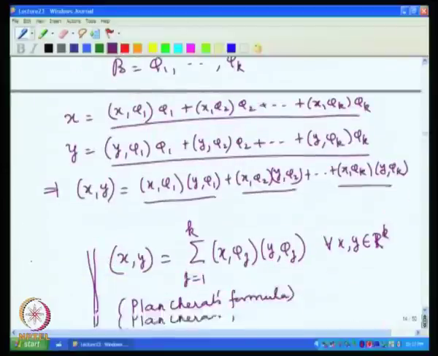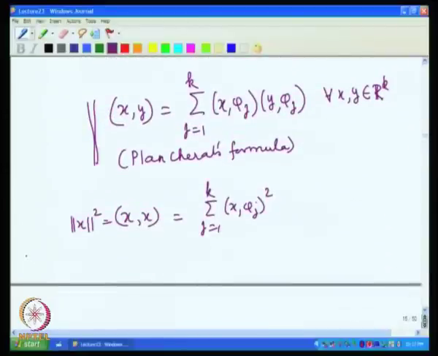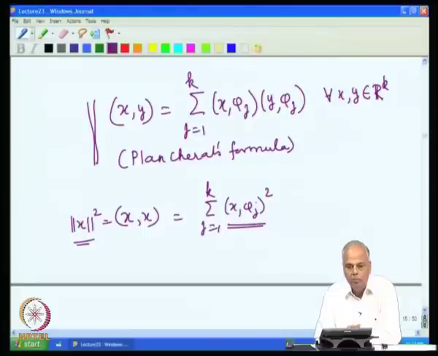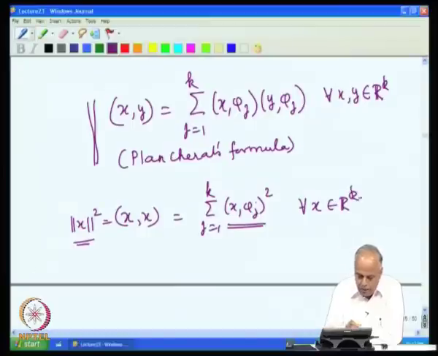But if we take an arbitrary ordered orthonormal basis, then the length of x squared is the sum of the squares of the corresponding Fourier coefficients. This is true for every x in R k, and this is called Parseval's identity.